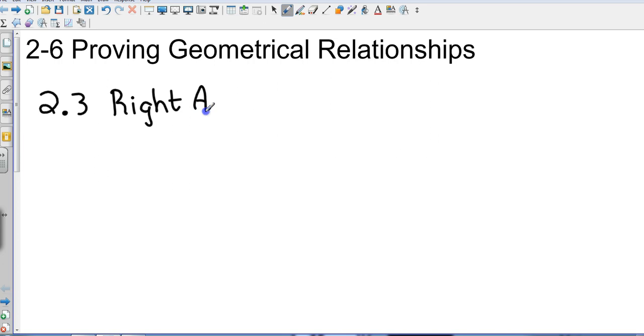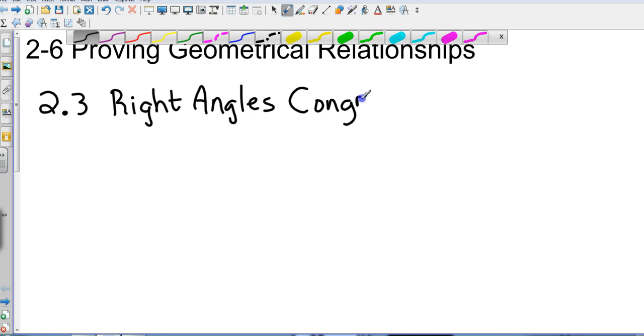I'm just going to call it right angles congruence. Congruence, there we go. And we won't throw theorem on there because we know they're all theorems. Basically, it's saying all right angles are equal.